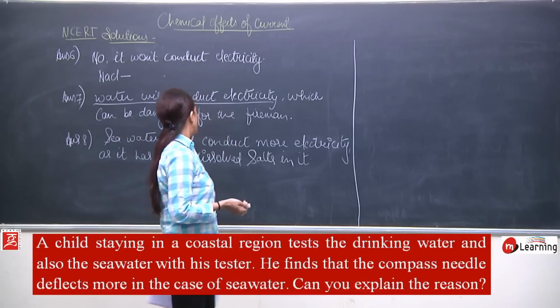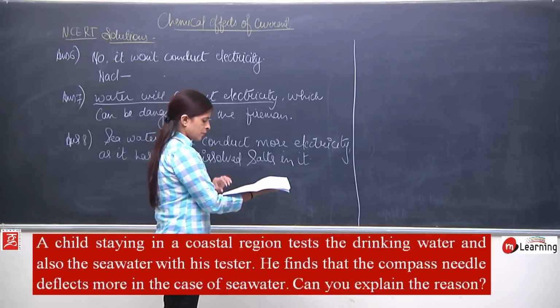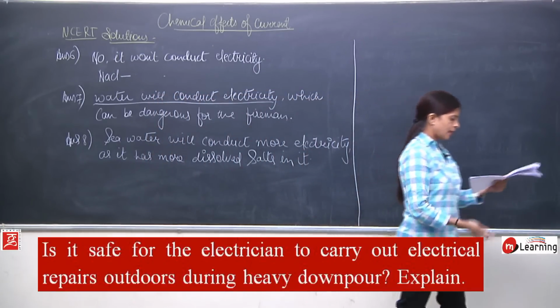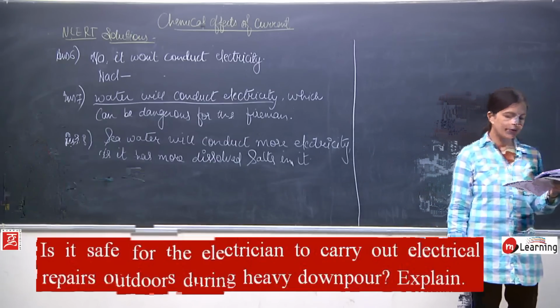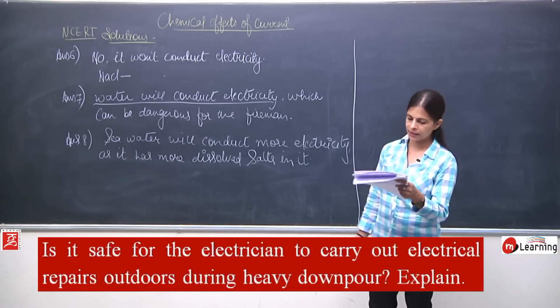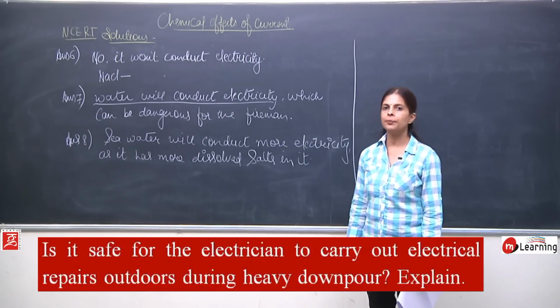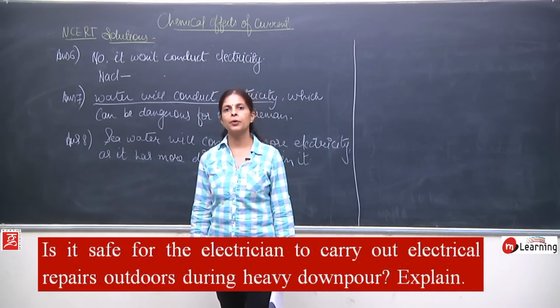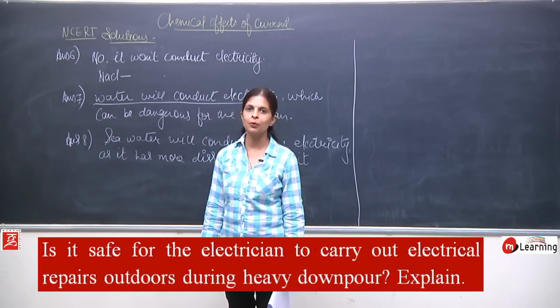Yes. Now we will talk about the next question, and this is question number 9. Is it safe for an electrician to carry out electrical repairs outdoors during heavy downpour? Explain. Oh my God, again, do you think that in the rain an electrician should go out and work? So definitely no. Why?